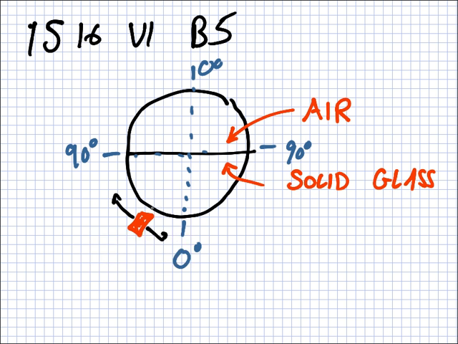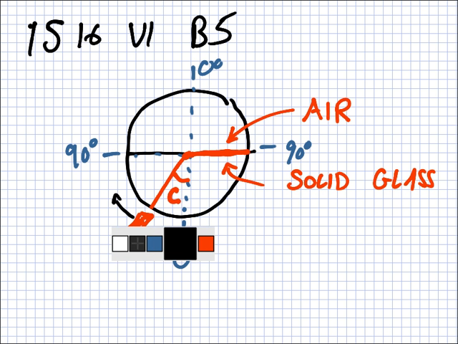So what you need to do is turn it so that when it hits the boundary, it travels along the top like this. So this angle here then is the critical angle. So we could say like this. Now that's one way to do it.